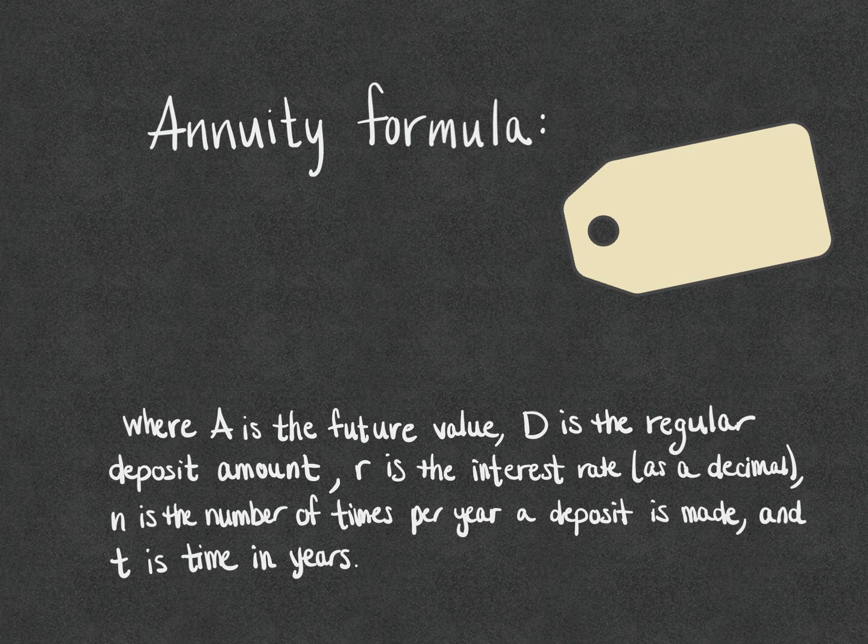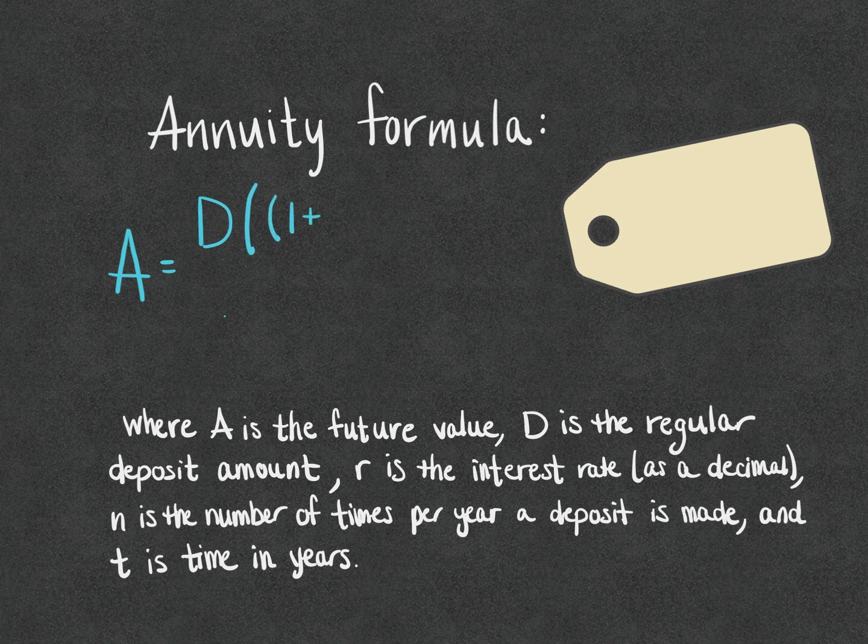So the annuity formula is the biggest one that we have seen so far. So be prepared to very carefully write down all of these steps. A is the future value. D is the regular deposit amount. And then we do have two sets of parentheses in here.